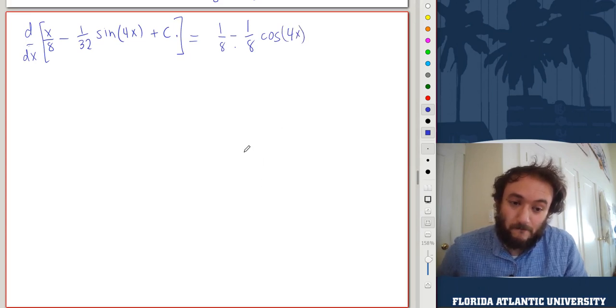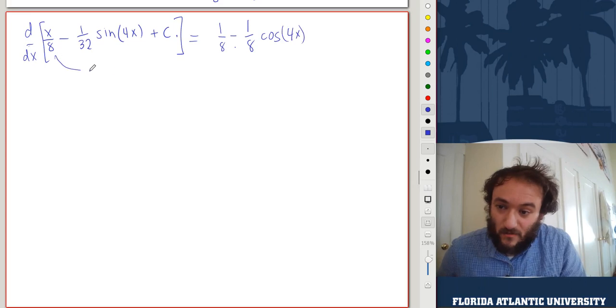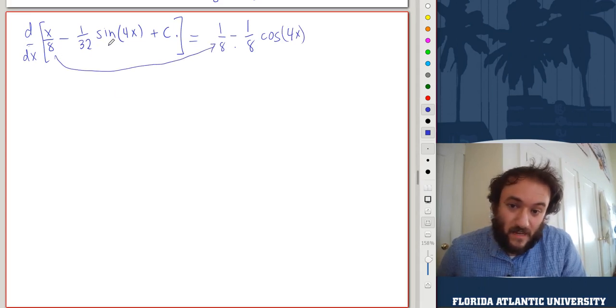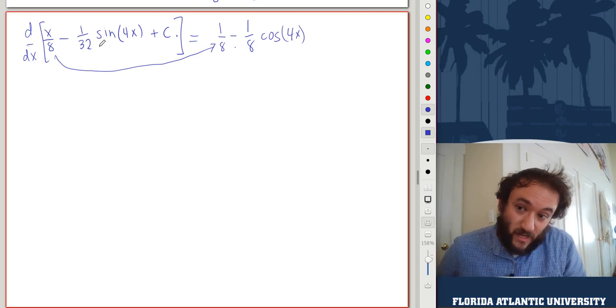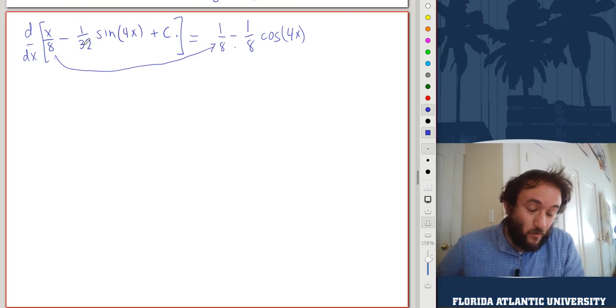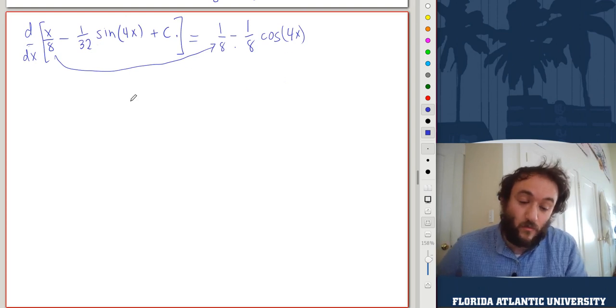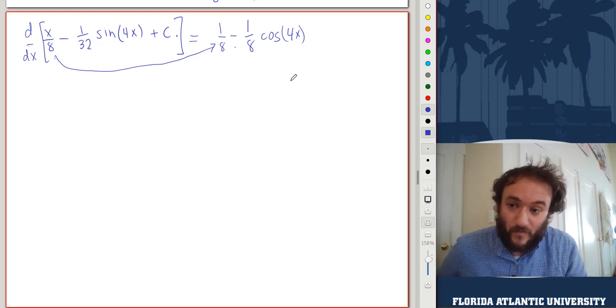Okay. And that's because the x over 8 gives us 1/8, then the sine 4x, applying the chain rule, we have cosine 4x times 4, and then the 4 cancels with the 1 over 32 to give us minus 1/8.